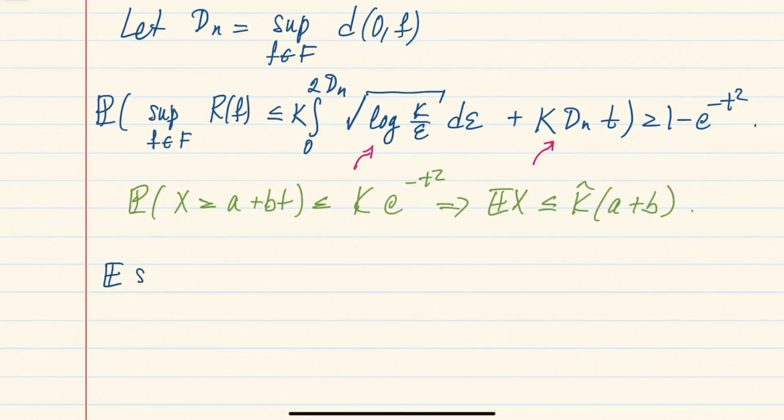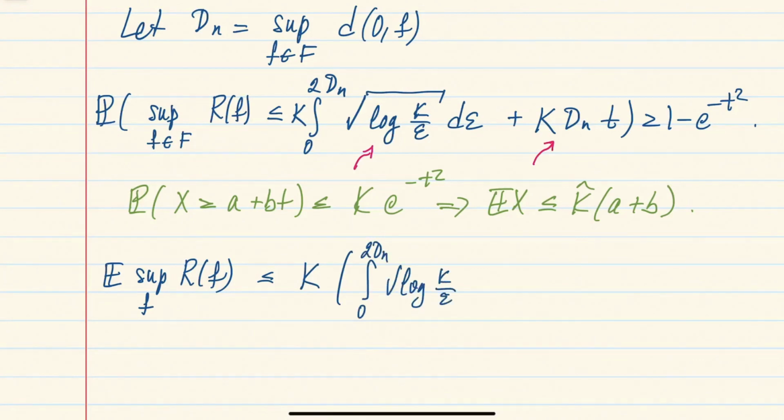expectation of the supremum of the Rademacher process for our class of indicators is bounded by some constant times this first integral plus dn, where, if you recall, up to this point all x's were fixed, so the only randomness was in the Rademacher random variables.